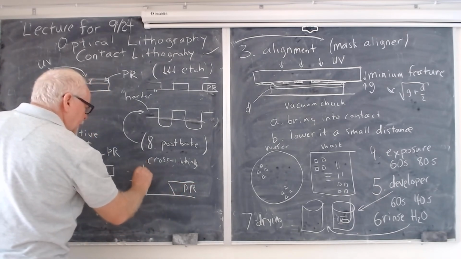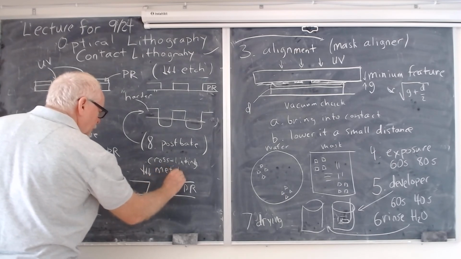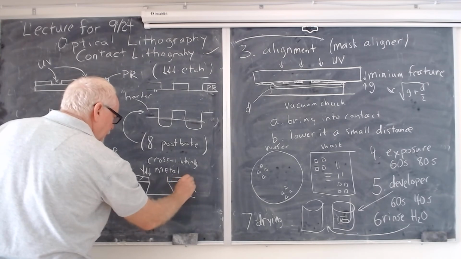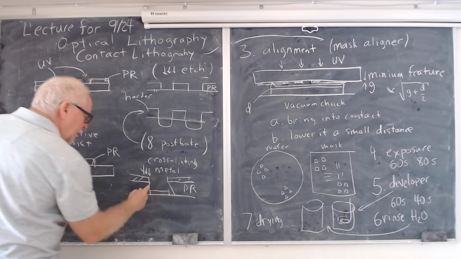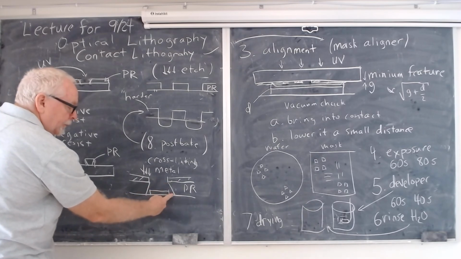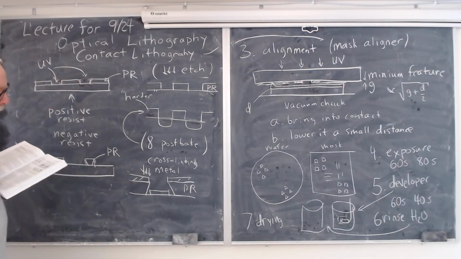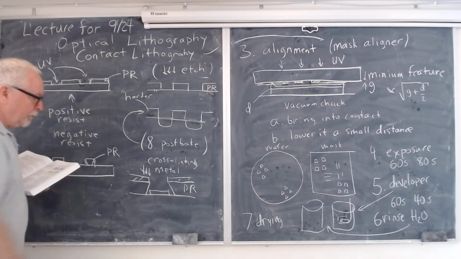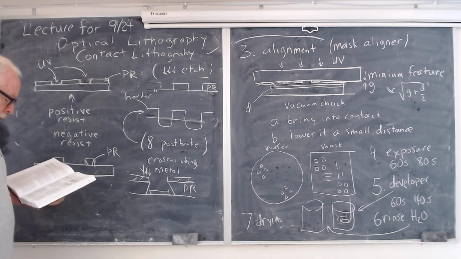Because then when I deposit my metal, it'll go here, and it'll go here, and it'll be shadowed and go here, leaving the entire photoresist side surface exposed for my solvent. Now, very rarely does that actually happen, but ideally you can design that to happen.